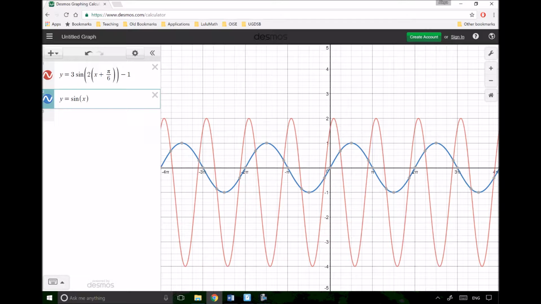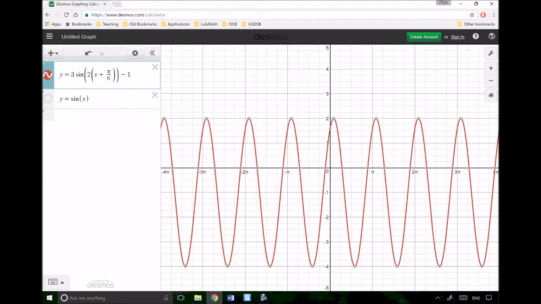I want to do a similar idea, but I don't want to get confused with what's happening here. So it looks like to get a complete cycle, we should maybe start right here, and then we can go up, and then down, and then back up right here. Okay? So things are a little bit different with this example.